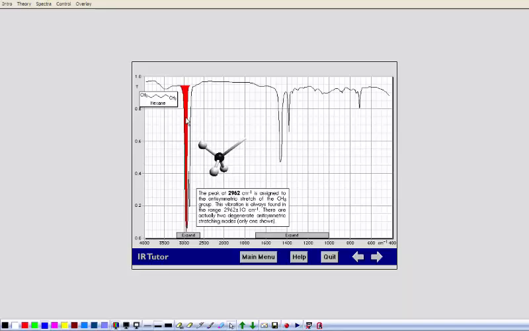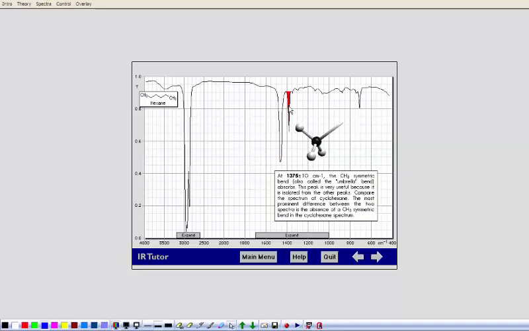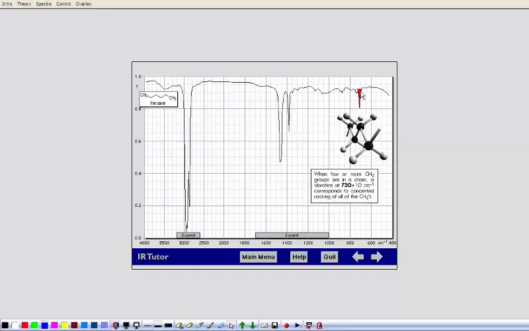And there's other types of stretches here. There's whatever this one is. That's a rocking motion, basically. And I don't even know what this one is. That's a bending motion from the CH3. And then down here, there's whatever that is, a fairly complicated motion.